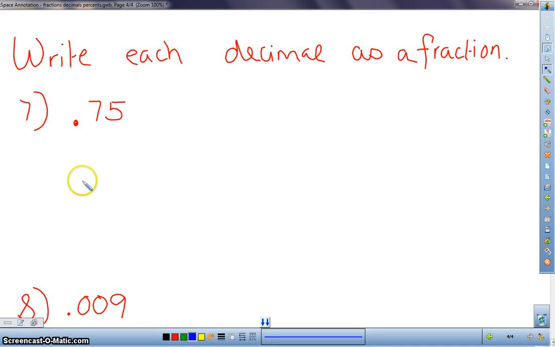Changing decimals to fractions, you're going to use the place value. So if I read this out correctly, this is 75 hundredths. So I'm going to put 75 over 100. Now we know we can't leave our fraction this way. We need to simplify it. You can simplify it by 5 if you wish, but I know I can divide by 25.